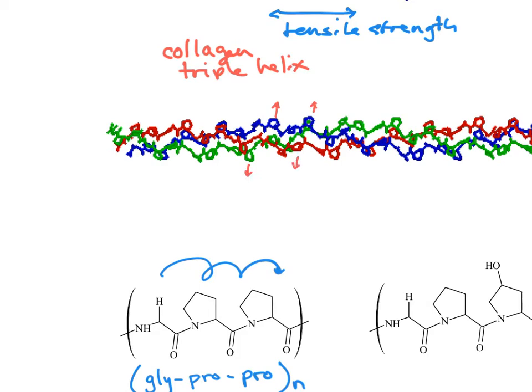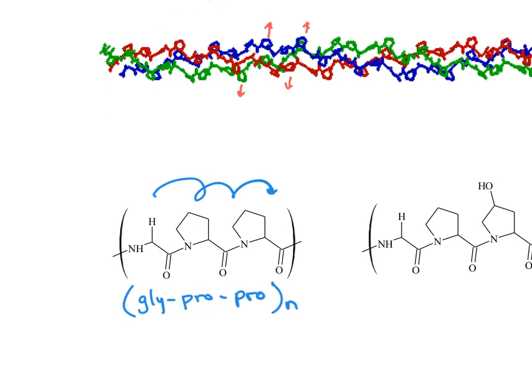Now, let's think about this a little bit. Prolines are rigid. They don't have very much flexibility. That gives great strength to these fibers. They are also very nonpolar. And the nonpolar prolines are facing outward, which is not what we saw with other proteins. And this makes the protein water insoluble.